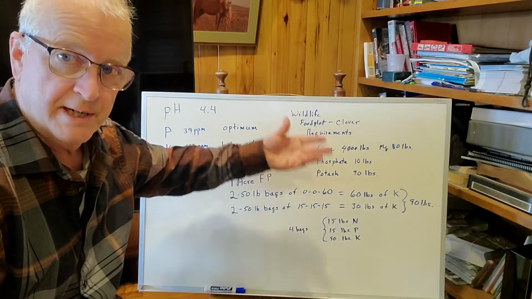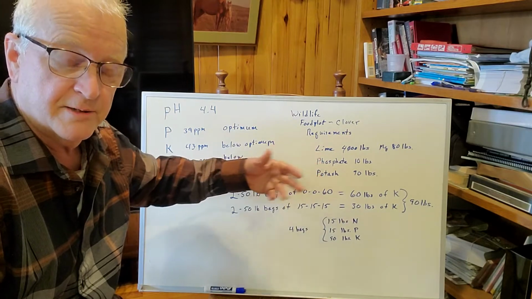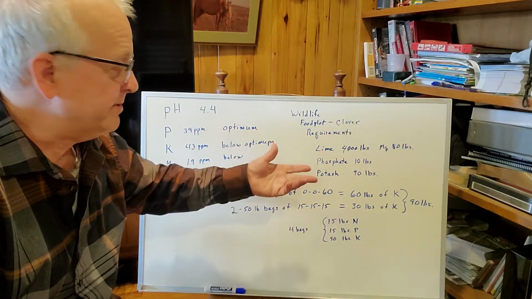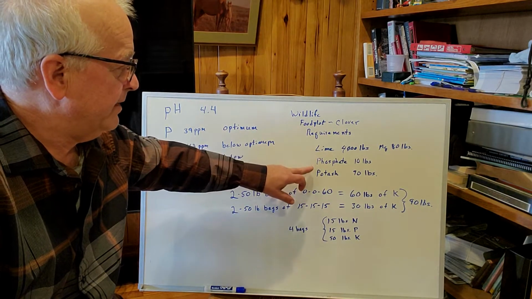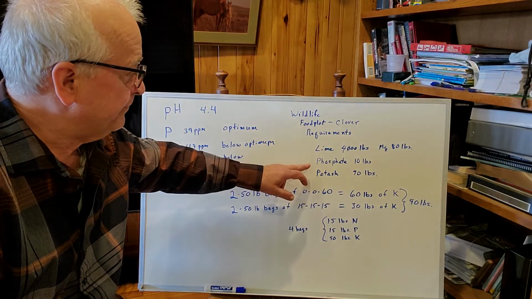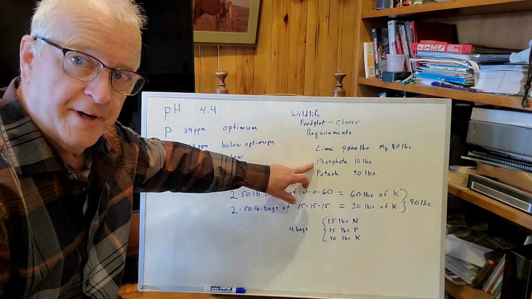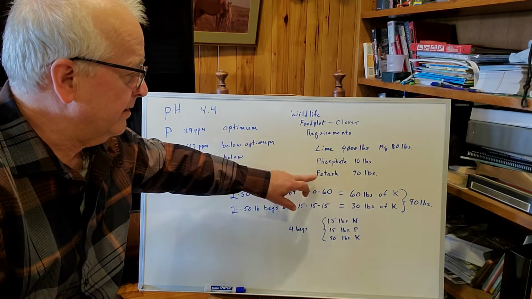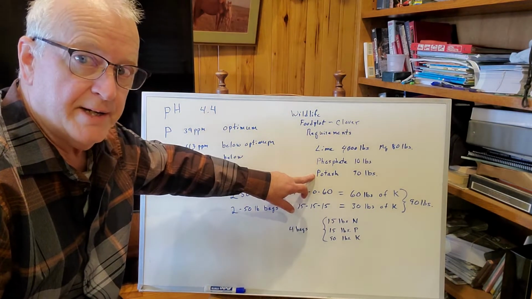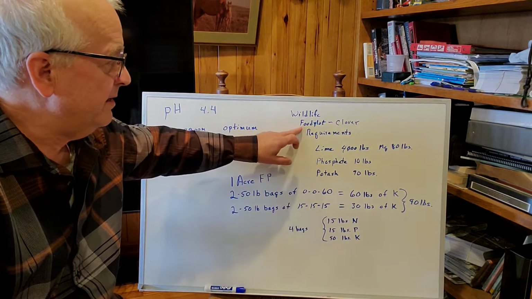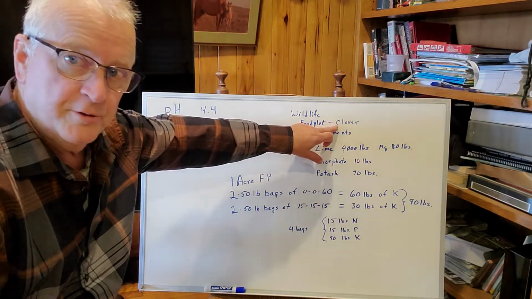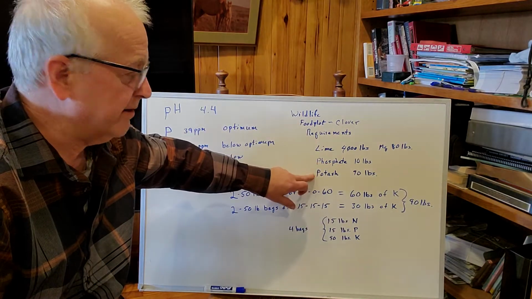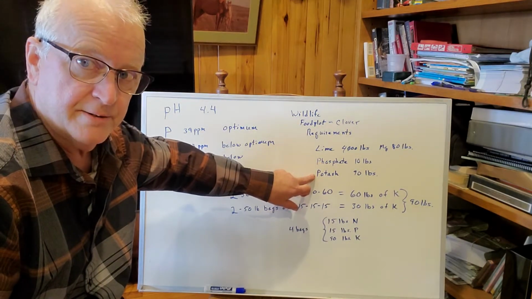So you need to tell the guy who's doing it that's what you want, or purchase it that way if you're spreading it yourself. We need 10 pounds of phosphate on that food plot per acre. We need 90 pounds of potash, which is usually the case in a clover food plot, usually requires potash, okay?